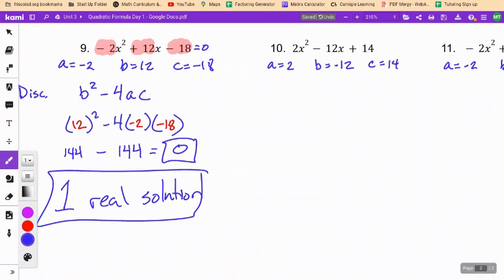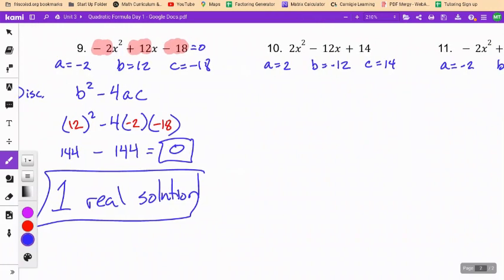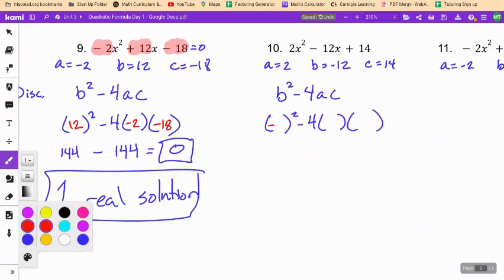I do the exact same thing for number 10. I find the discriminant. What is b squared minus 4ac? I use parentheses. Okay, I substitute. This time b is negative 12, a is 2, and 14 is the c. Then, again, I use my calculator, and I did negative 12 squared. That gave me positive 144.